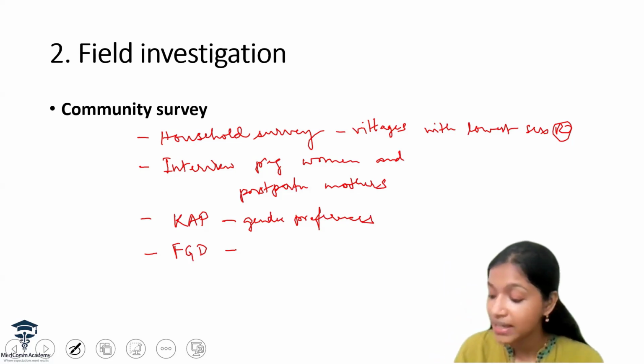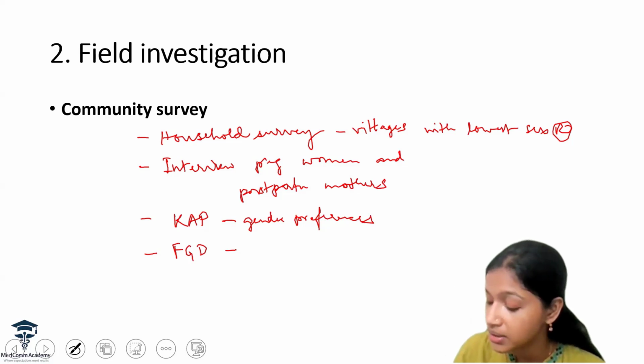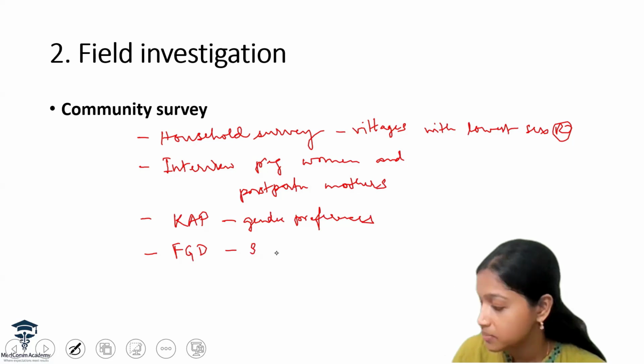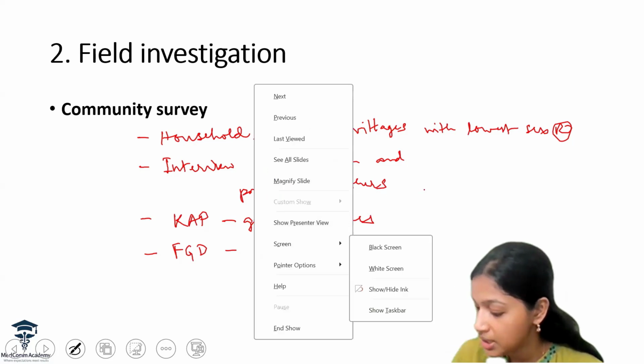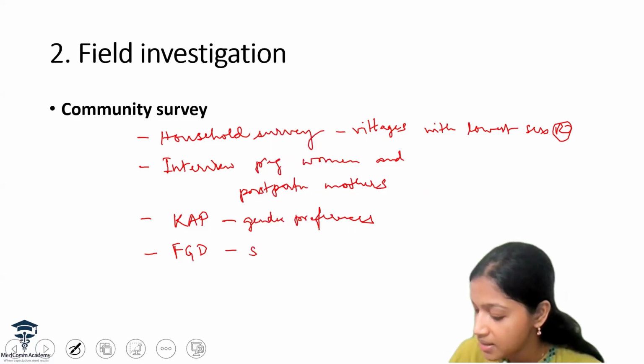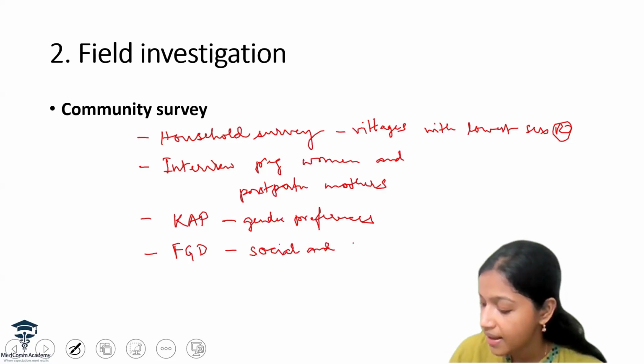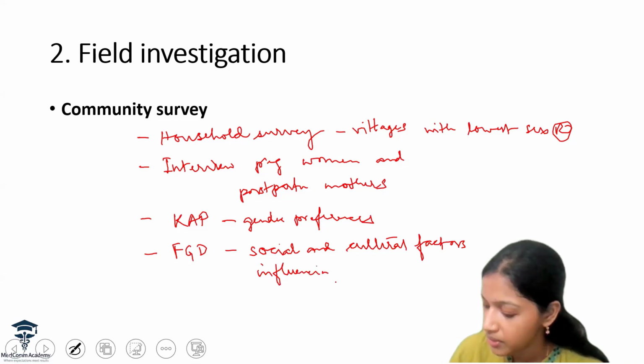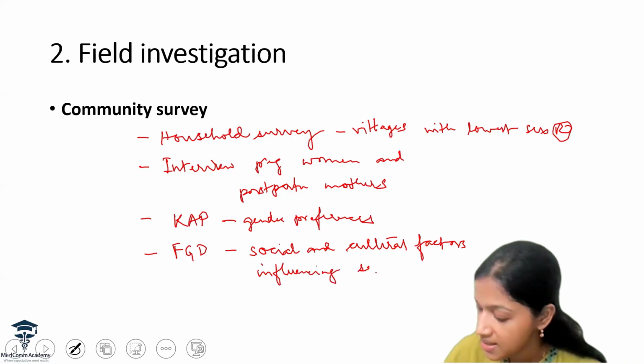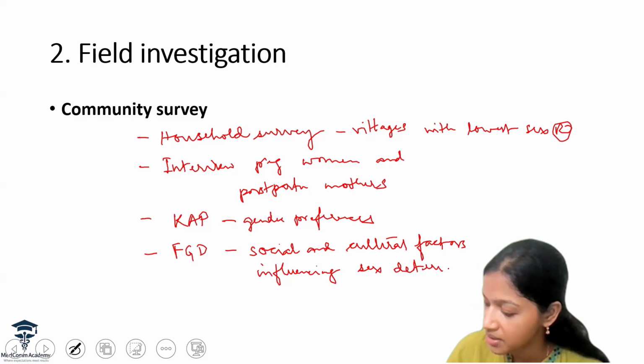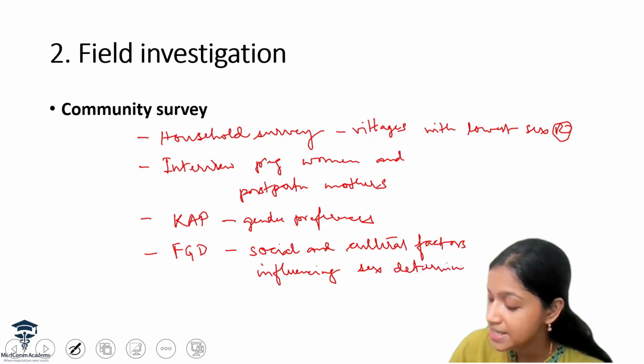So what you actually get to know in FGD is that the BMOH wants to understand the social and cultural factors influencing sex discrimination. See, you have to think on the spot, right?